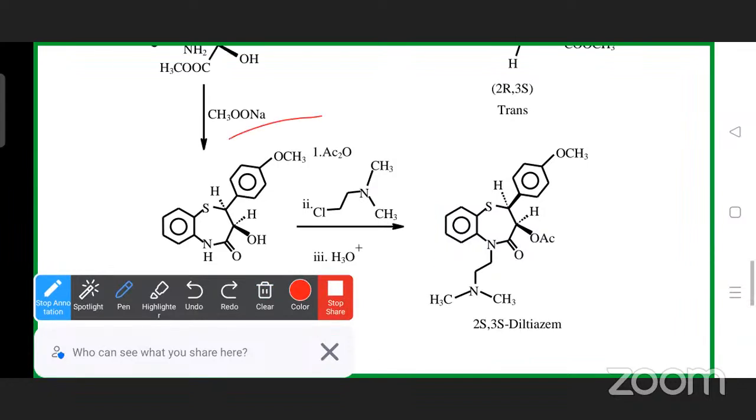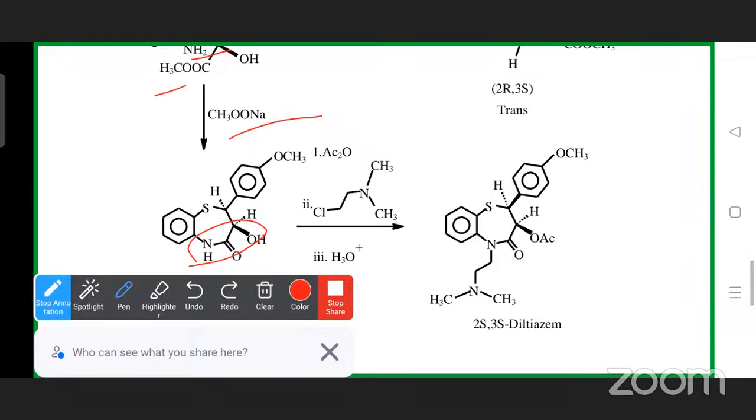In the presence of sodium acetate, the hydrogen from here and this particular ester group react to form an amide here, right? So the cyclization is taking place.